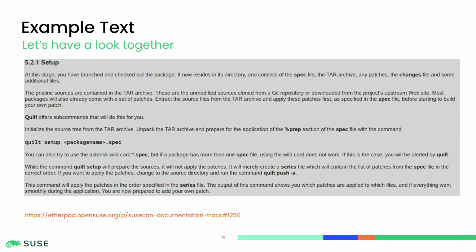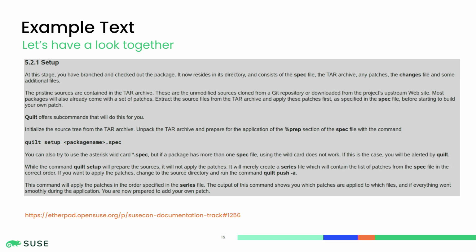And by the way, if you want to go through the exercise and want to read it and modify it yourself after this session or any time you want to do it, there's an Etherpad link. You can go there, copy and paste the text to your own text editor and then try it out if you want. It's just an offer, not meant to be a mandatory exercise here.